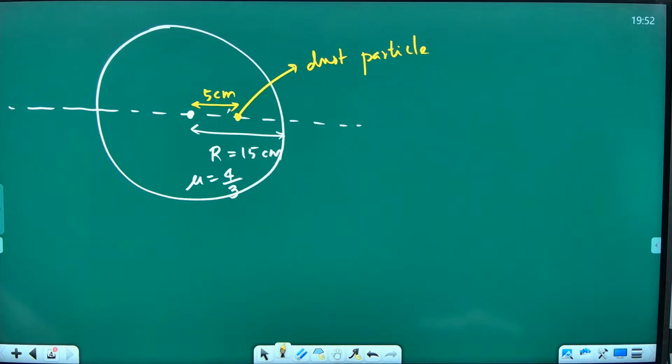Let us check. Others, any answer? Sir, I got 6 centimeter. You got 6 centimeter. Plus or minus? Plus 6.